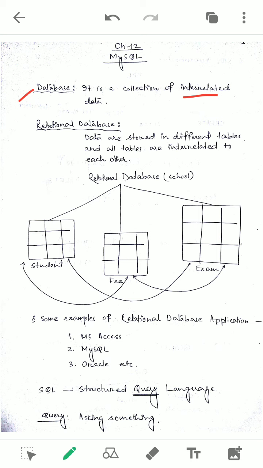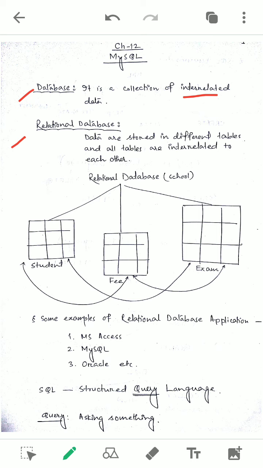Now another one, what is a relational database? There are different types of database: object oriented database, hierarchical database, network based database. But here the most famous and most popular database is the relational database.